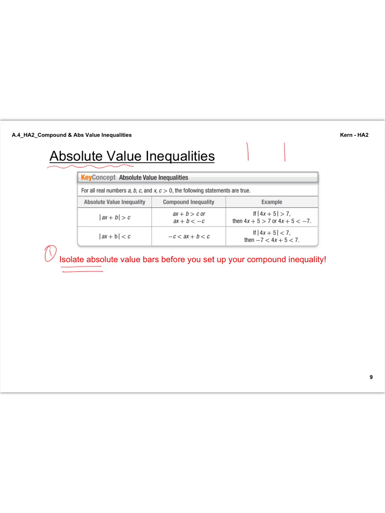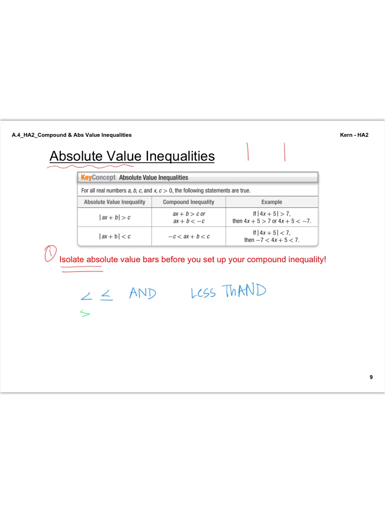Here is your clue. If you isolate and you have a less than sign or a less than or equal to, you set up an AND problem. And the way that I remember this is less than, "and". Okay, I have a less than sign, less than. I know it's corny, but it helps me.